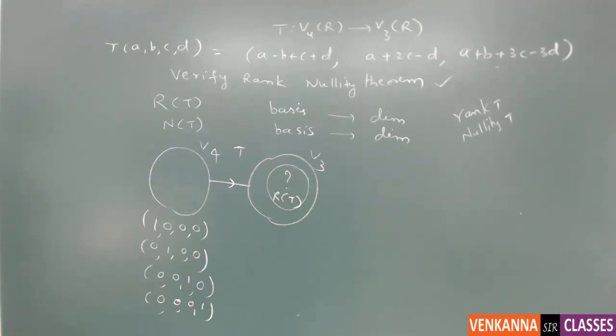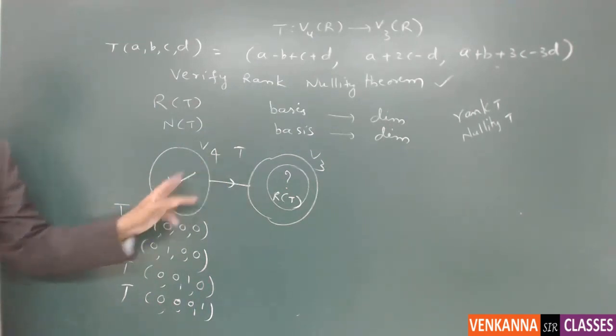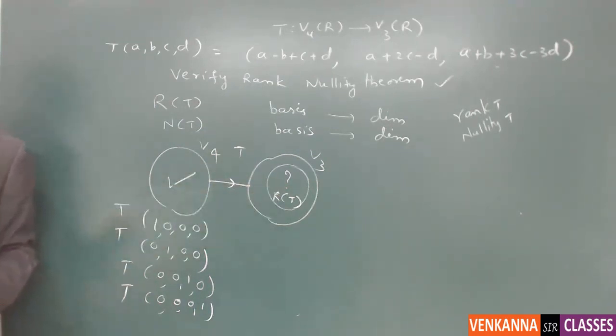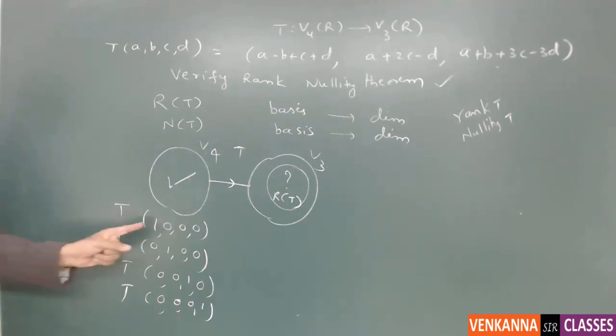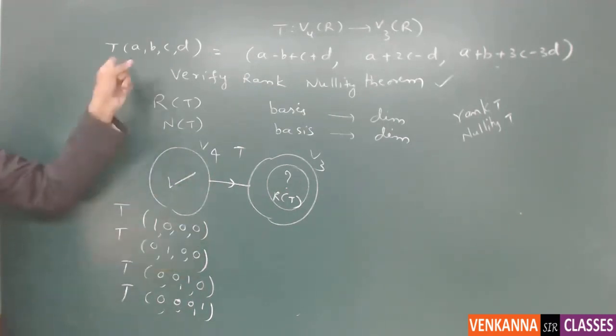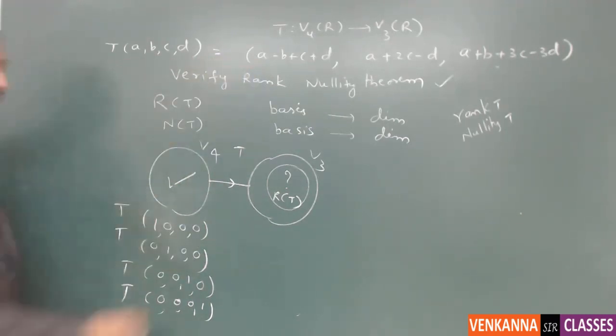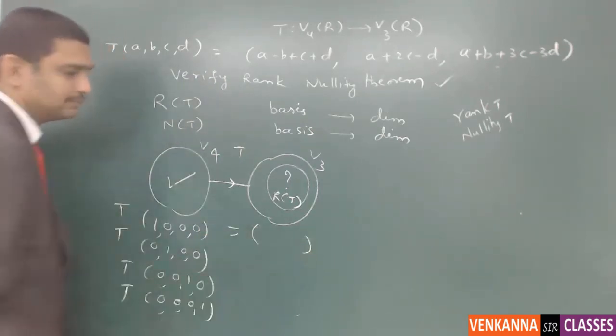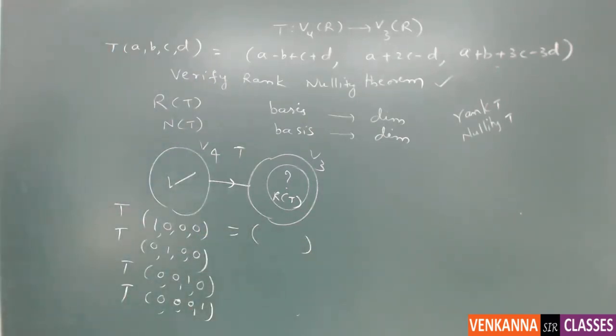So this is the standard basis for V4, the domain. Now for this I am applying the condition T, because for every value here, if I apply T, I will get an image here. So say this is A, B, C, D. So T of A, B, C, D, if you apply, can you give me the image value there? I will say you are going to get it as (1, 1, 1).